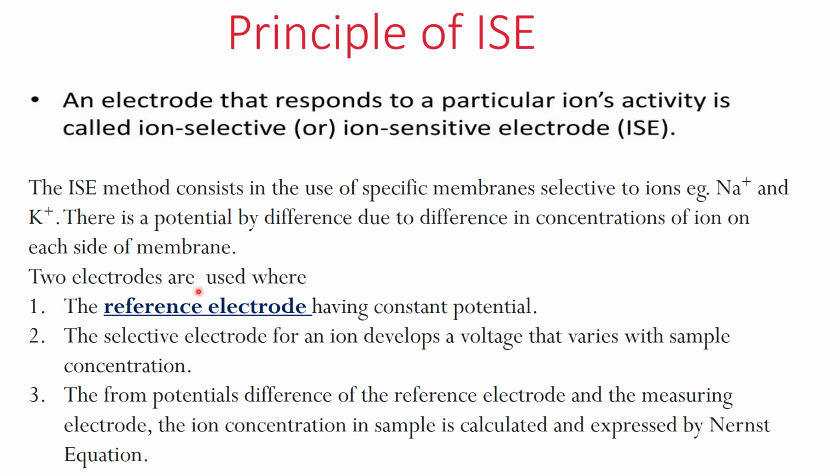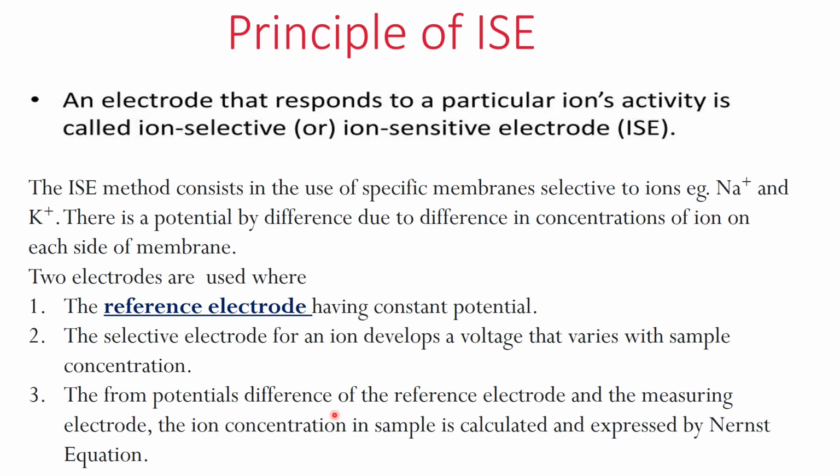In this system, two electrodes are used where the reference electrode has a constant potential. The selective electrode for the ion develops a voltage that varies with the sample concentration, which means different samples will have different concentrations of the ion and so there will be a difference in potential accordingly.